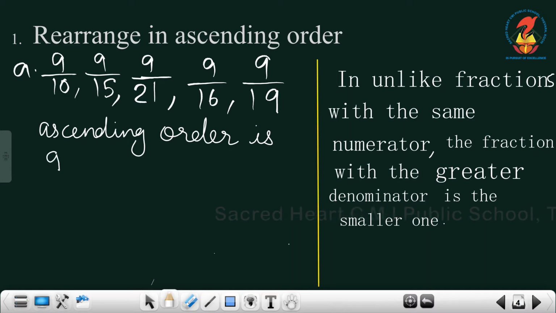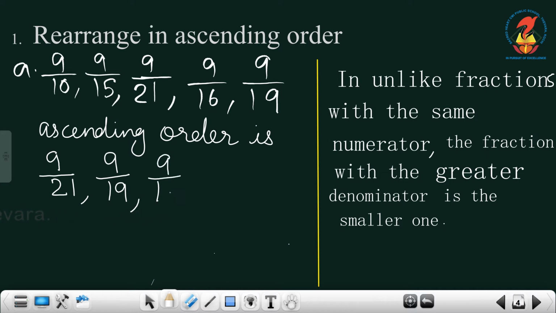9 by 21. First we need to write 9 by 21. After that the next is what? Next is after 21 the greater is 19, and 9 by 19. And the next smallest is what? 16, right? 9 by 16. And the next one is 9 by 15.